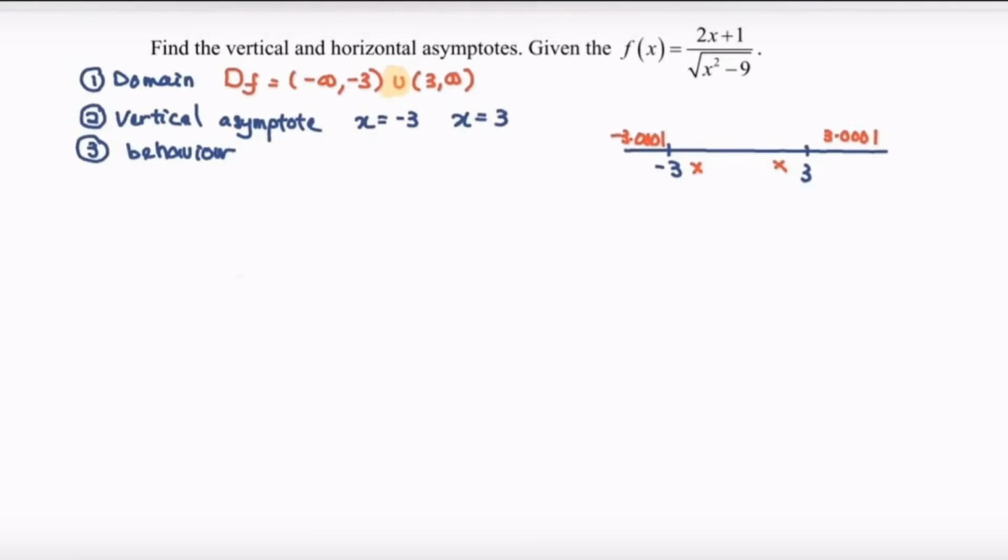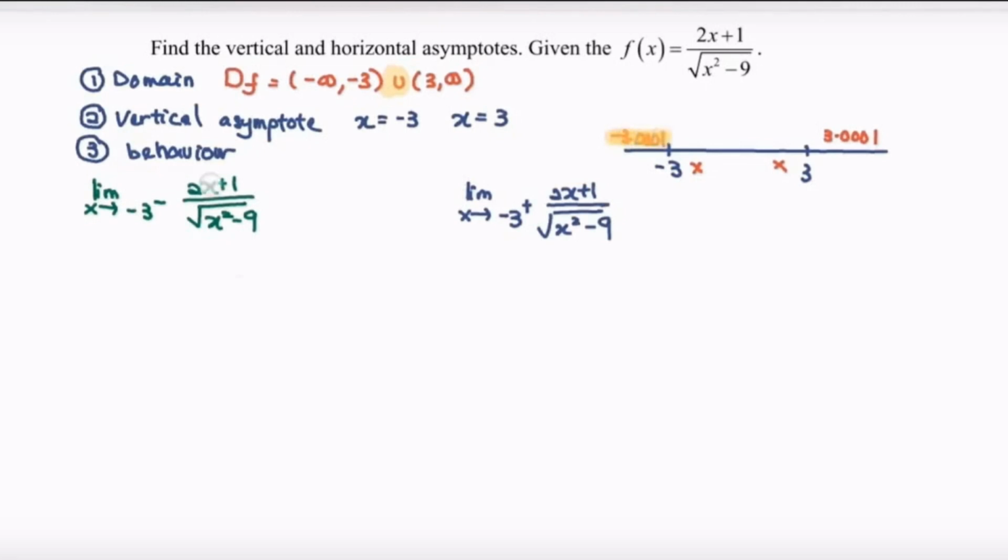So we have the limit when x approaches negative 3 from the left for the function 2x plus 1 over square root of x squared minus 9. Next, the limit when x approaches negative 3 from the right for the function. Now, first what we have to do is to substitute the value. Kindly refer to this value.